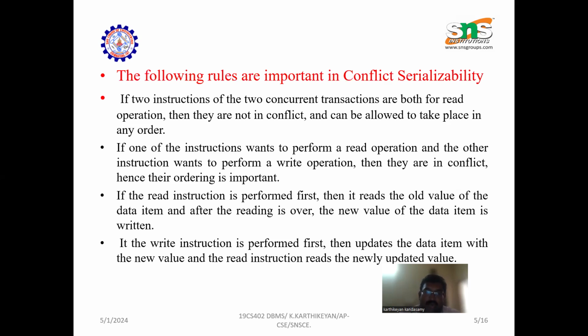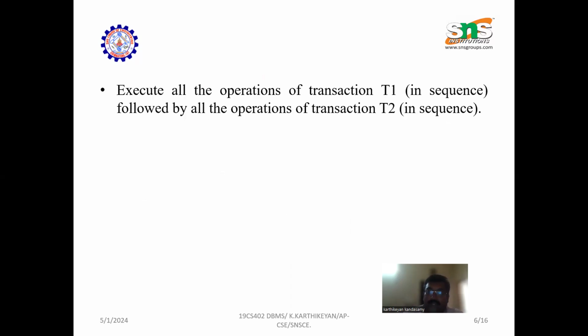If one transaction wants to perform a read operation and the other wants to perform a write operation, there is a conflict, hence ordering is important. If the read operation is performed first, it reads the old value of the data item; after the reading is over, the new value is written. If the write instruction is performed first and the data item is updated, the read instruction reads the new updated value. These are the important rules of conflict serializability.